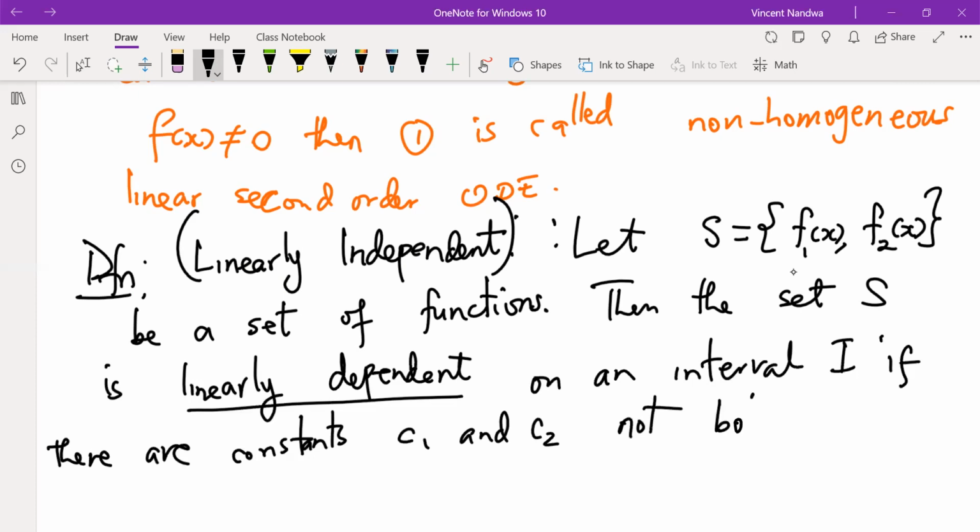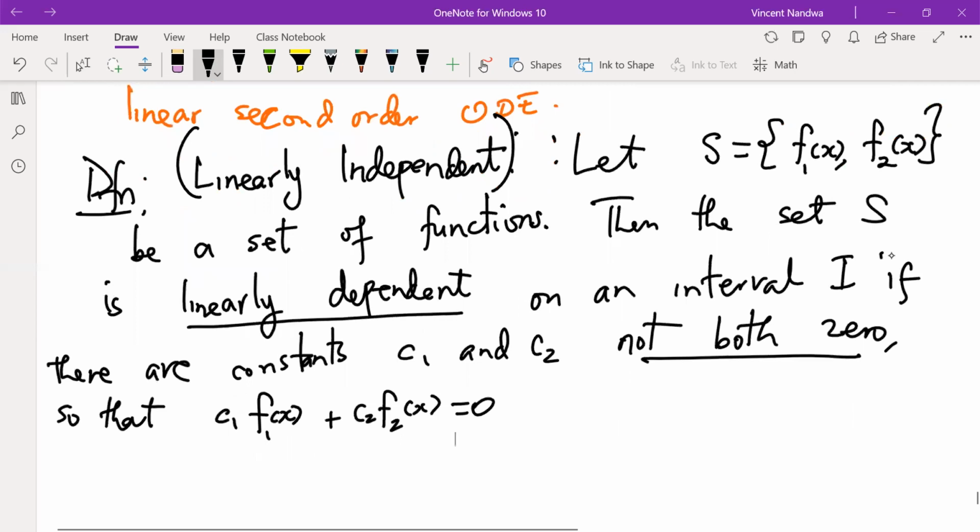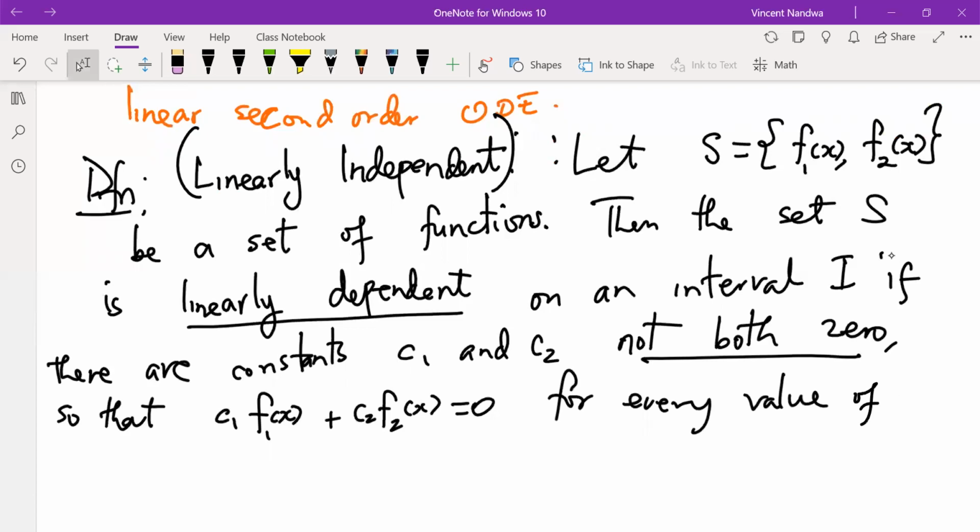So this is a key thing. So that C1 f1 of x plus C2 f2 of x is zero for every value of x in the interval I.